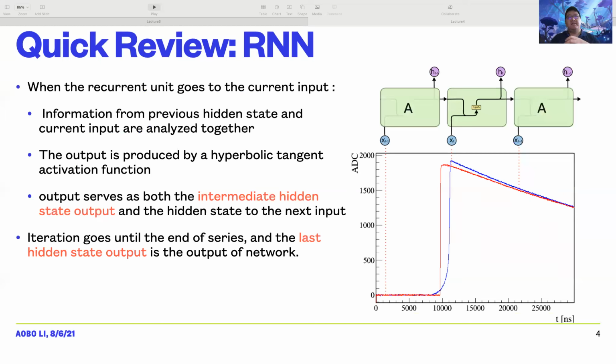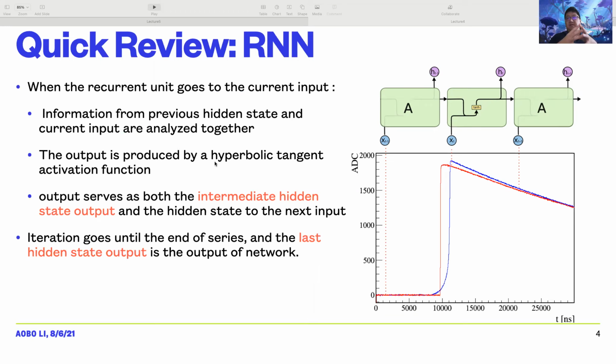Okay, so let's first have a quick review on the recurrent neural networks. When the recurrent unit goes through the current input, information from all the previous hidden states and the current input are analyzed together in this recurrent unit, and the output is produced by a hyperbolic tangent activation function.